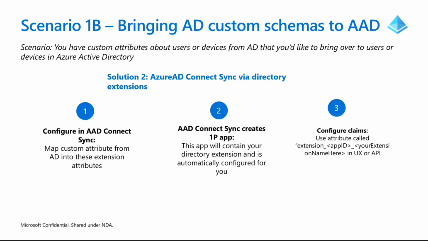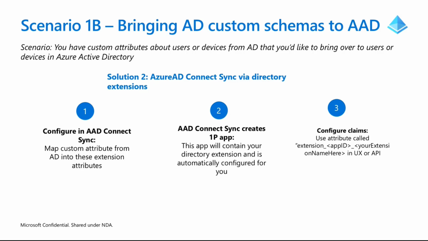The GUID value you see is the app ID of that first party application. So the extensions get created on your Azure AD Connect Sync application in Azure Active Directory, and through the Azure AD Connect Sync engine, these values get populated and mapped to those particular attributes.